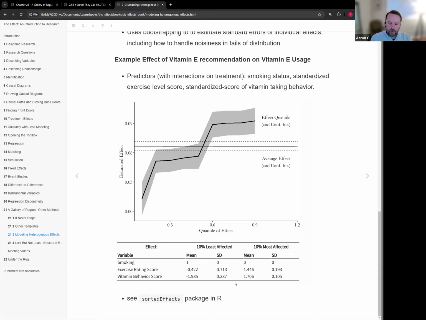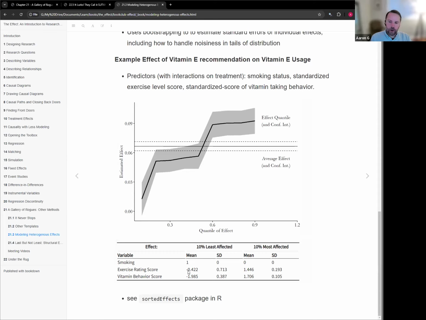I think the author had a hypothesis that the folks that took vitamin E were already healthy to begin with, so it's not like vitamin E made them more healthy. An interesting thing about this graph is that the folks that weren't as affected by the recommendation were 100% smokers, and 100% of the most affected weren't.